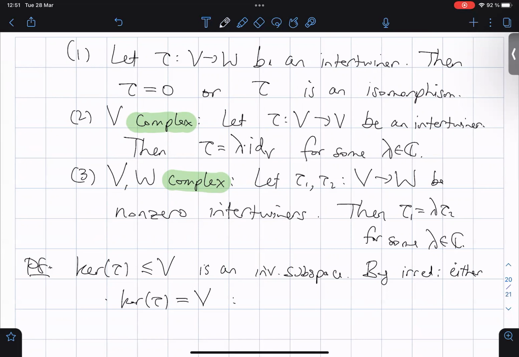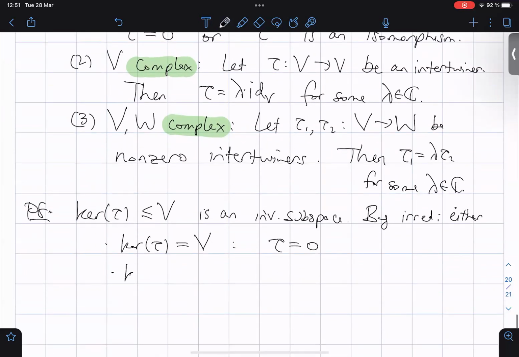If the kernel is the whole thing, that's saying that tau is the 0 map. Or the kernel is 0, but that's telling us that tau is 1 to 1.